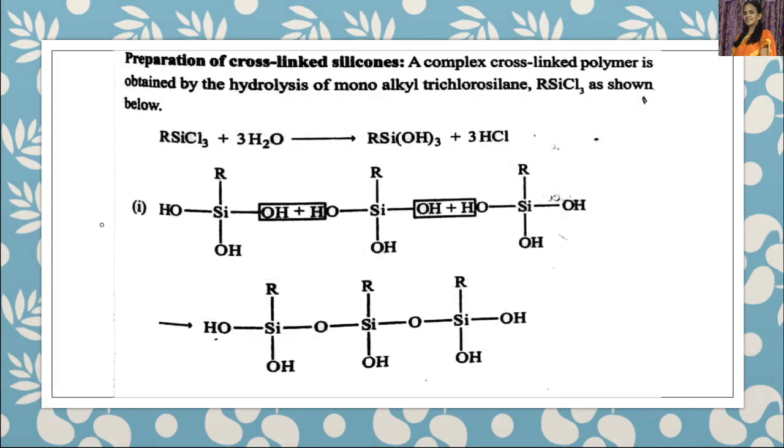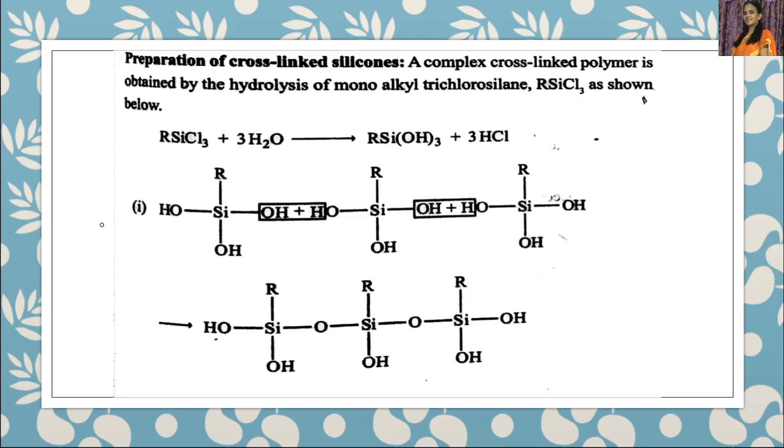Next one, preparation of cross-linked silicones. A complex cross-linked polymer is obtained by the hydrolysis of monoalkyl trichlorosilane, that is RSiCl3, with one R group, three chlorine atoms and one silicon.